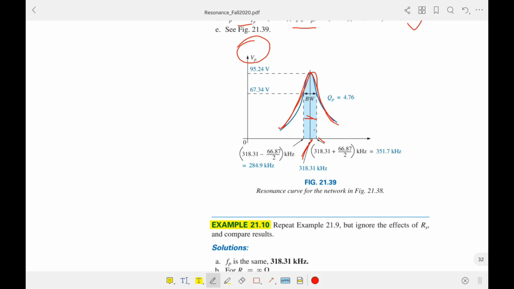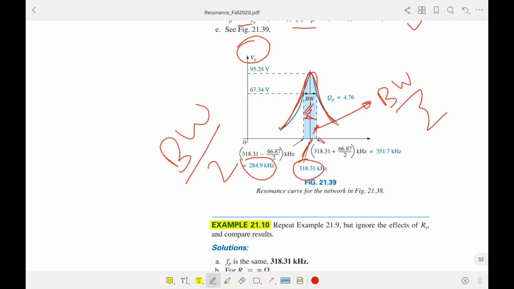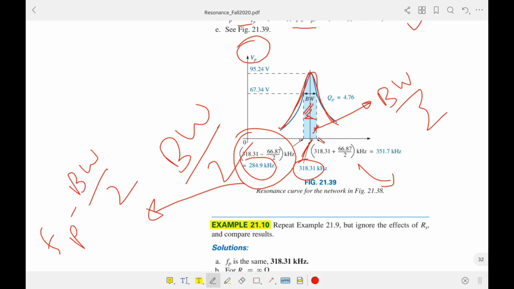Since this is symmetrical, the distance from this point to this point is bandwidth divided by 2. So this one is basically Fp minus bandwidth by 2, and similarly this one is Fp plus bandwidth by 2.